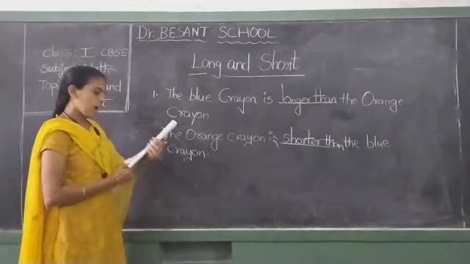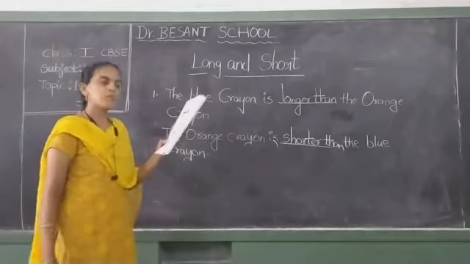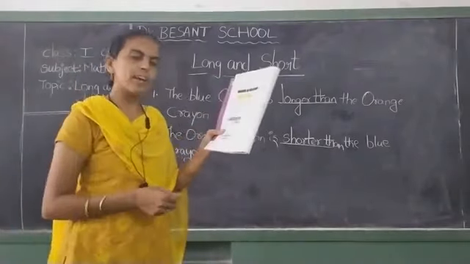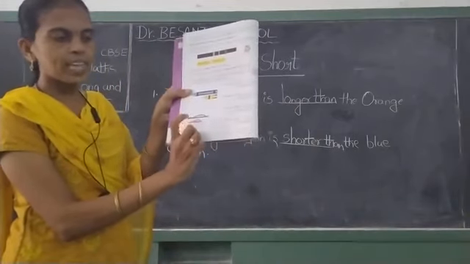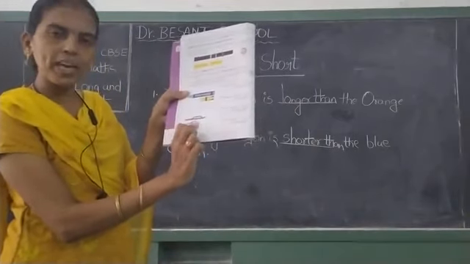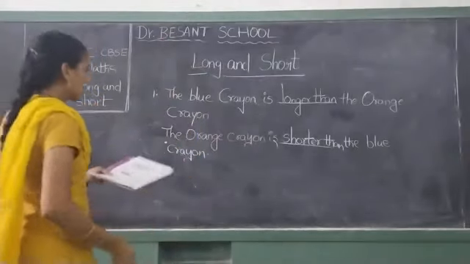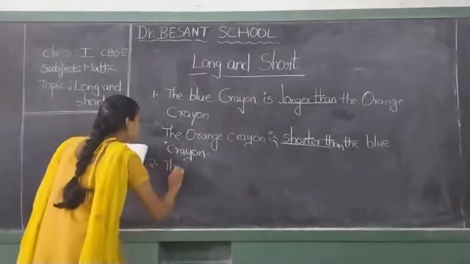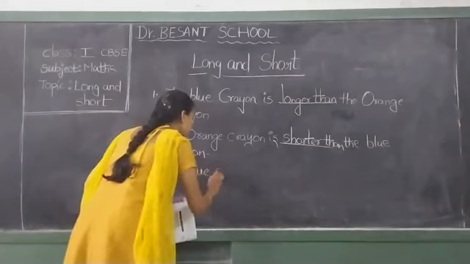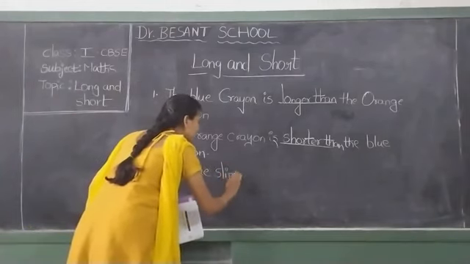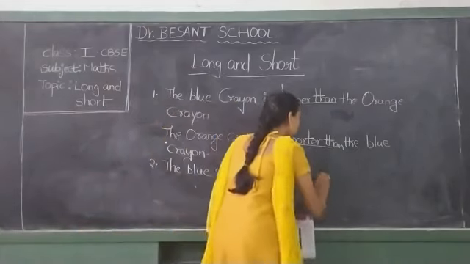Second one. Observe the slippers. What they gave? Which colors they have given us? In your textbook, see and tell me which colors? Yes, it is blue color and pink color. Is it or not? Good. Now they have asked a question. The blue slipper, I'm writing here on the board. See children, the blue slipper is dash the pink slipper.